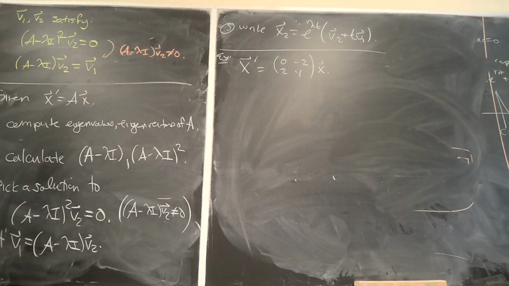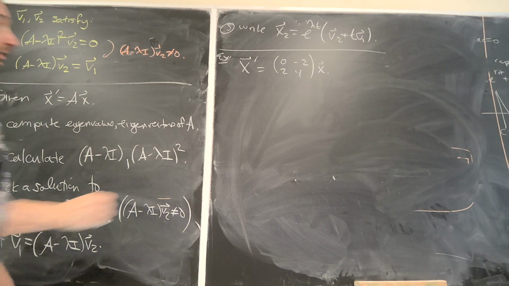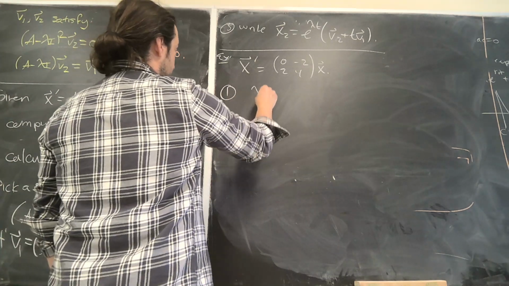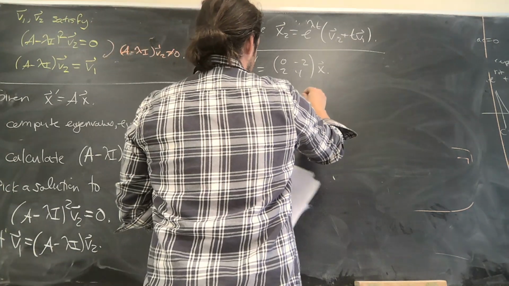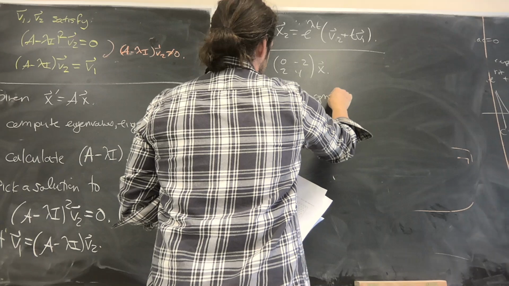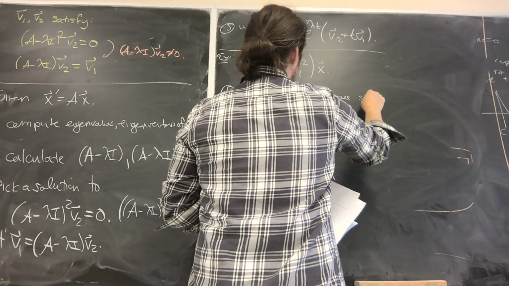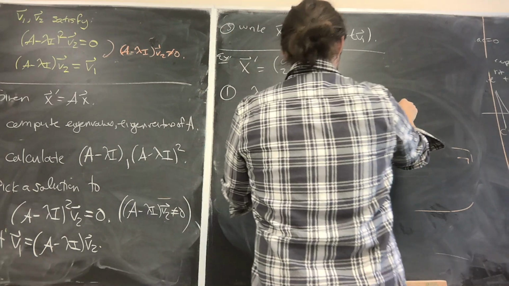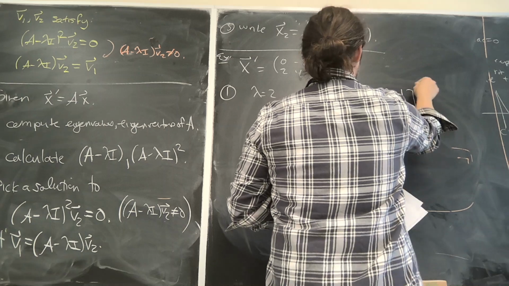I want to find the general solution to that vector differential equation. Step 1 says we're supposed to figure out the eigenvalues and eigenvectors. So lambda is equal to 2, and the eigenspace is the span of (1, -1).